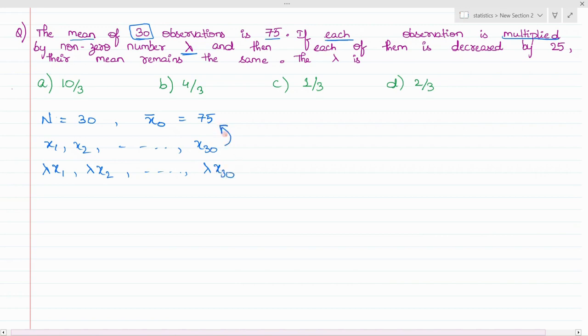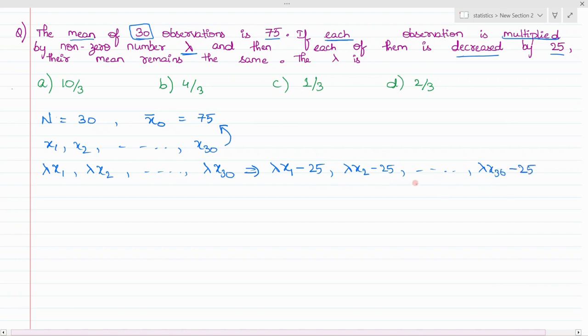For this, the mean is this, and then each of them is decreased by 25. First multiplied, now we need to decrease by 25. That is lambda x1 minus 25, lambda x2 minus 25, so on till lambda x30 minus 25.